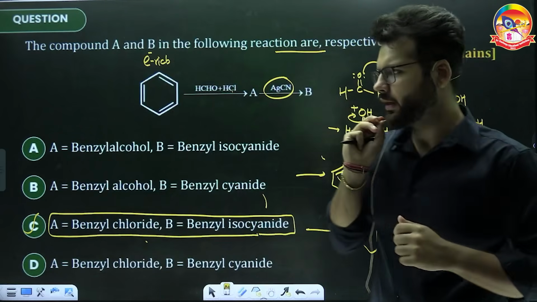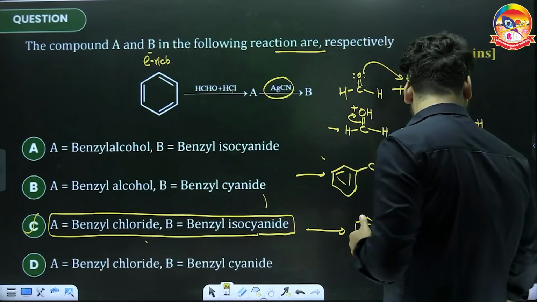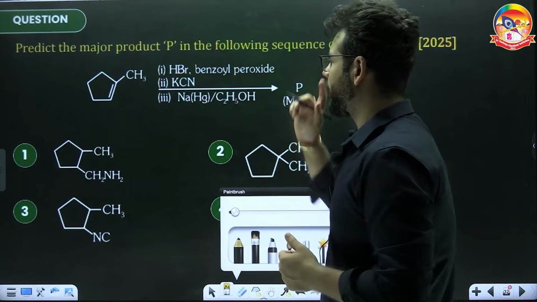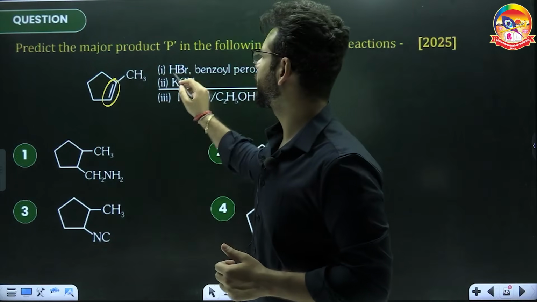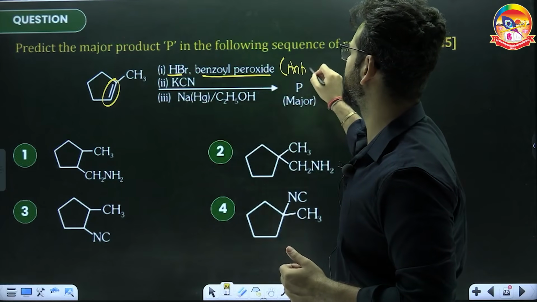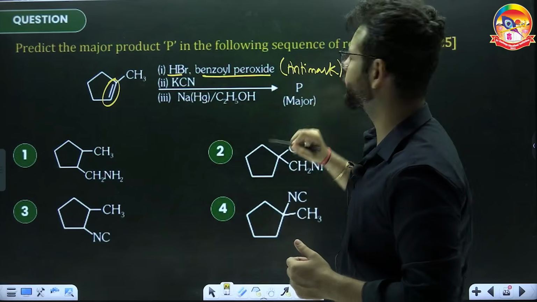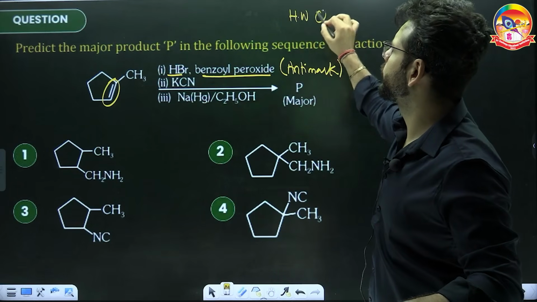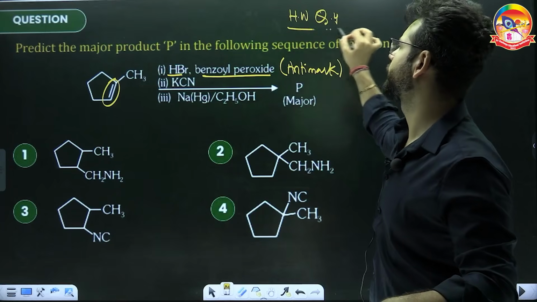So this is our next question. Next question is this one, where an alkene is reacting with HBr in the presence of benzoyl peroxide, which is anti-Markovnikov addition. I'll give you a hint of these reactions and I want you to tell me the answer in the comment box as homework question number 4.